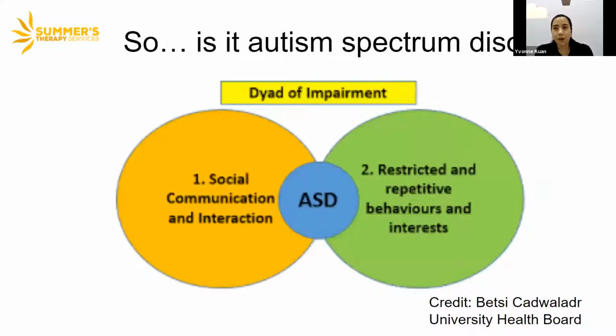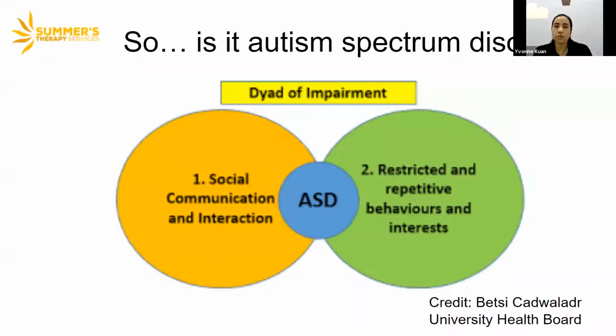And at this stage, a lot of parents will be thinking, so is it autism? Is it autism spectrum disorder? And my answer is no, it can be a separate diagnosis. Social communication disorder in the latest DSM manual is a separate diagnosis from autism spectrum disorders.